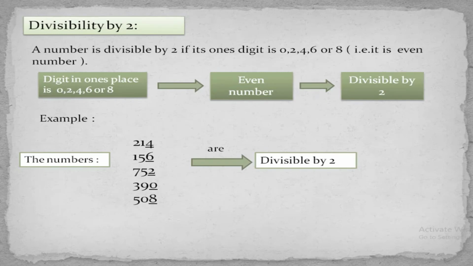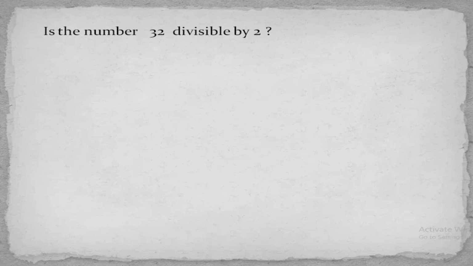Let's test our understanding. Is the number 32 divisible by 2? We have to look at its ones digit. The ones digit is 2, so it is an even number. Then this number is divisible by 2. Yes, 32 is divisible by 2 since it ends with 2, which means it's even.